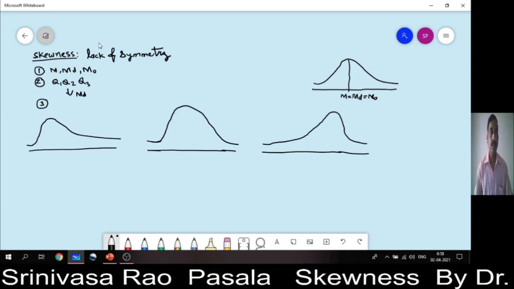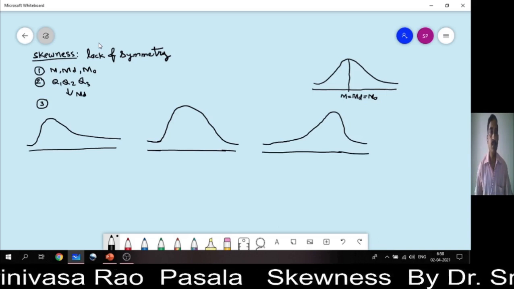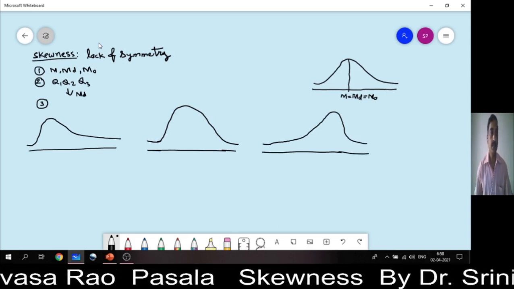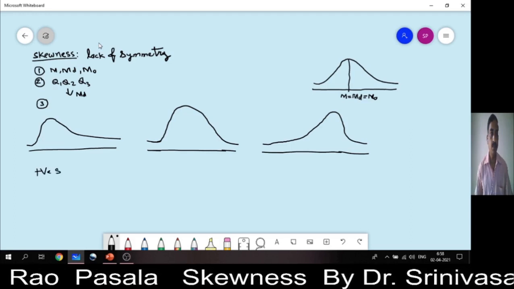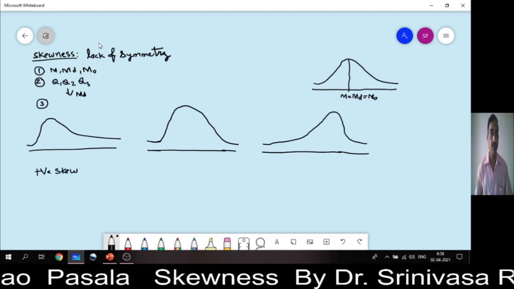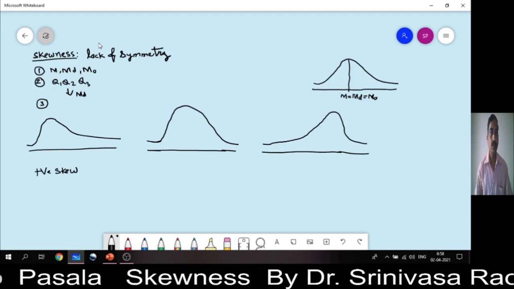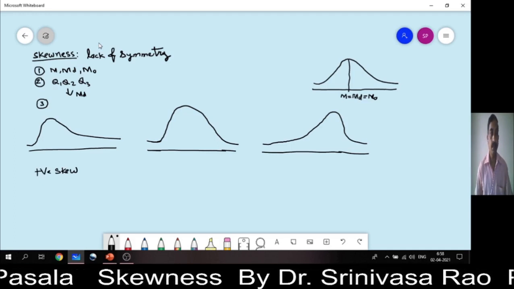The tail of the curve on the right hand side is more stretched than the left hand side. So this is called positive skewness, or positive skew.